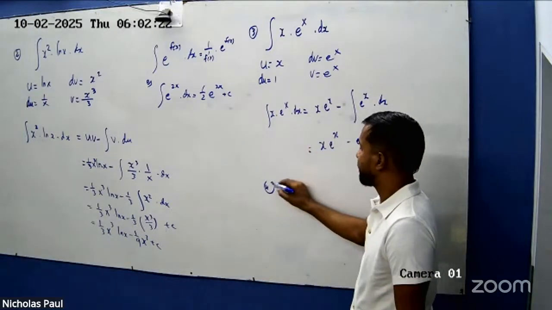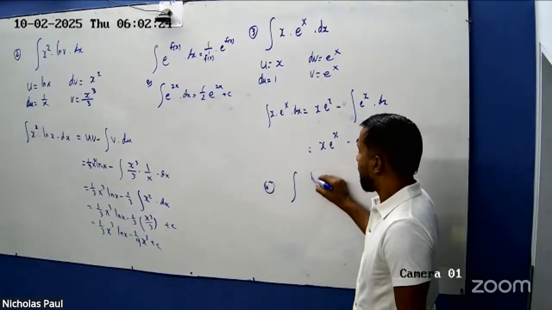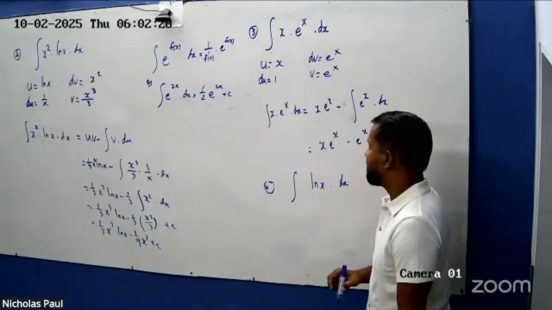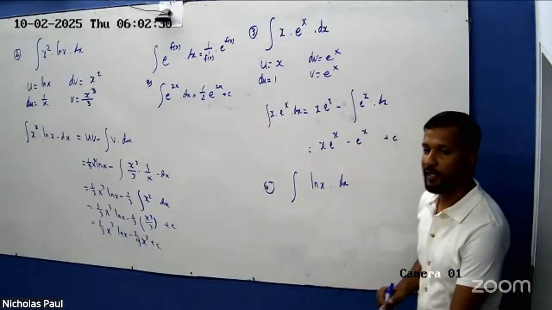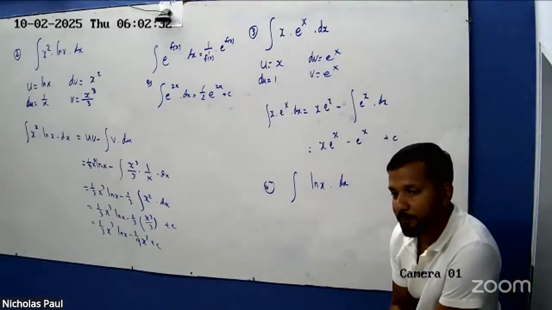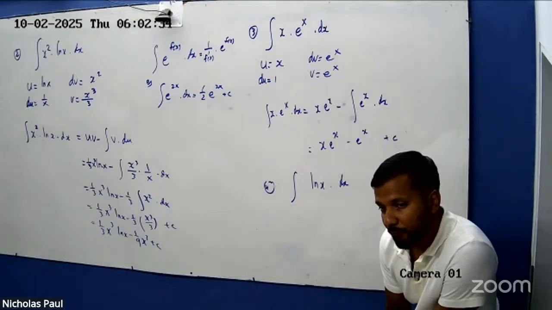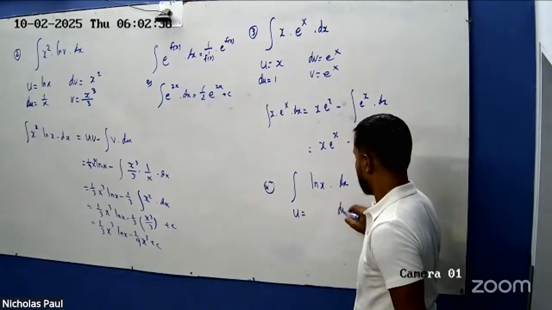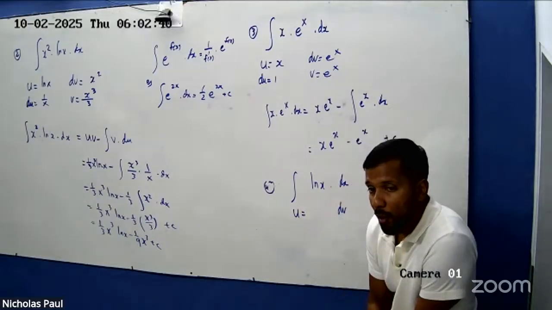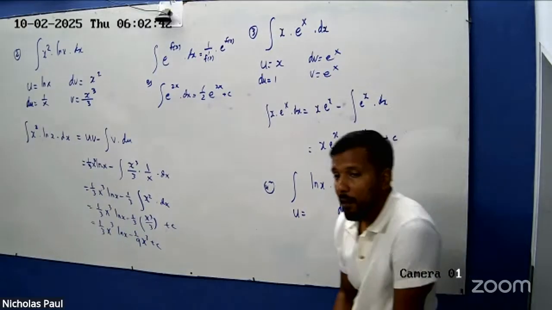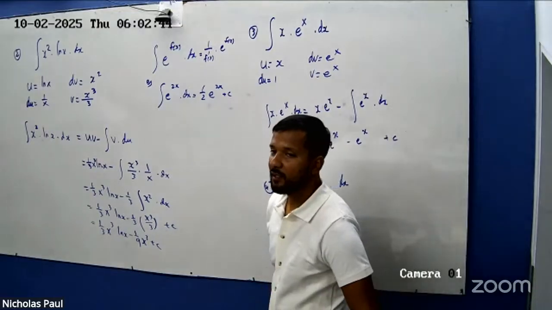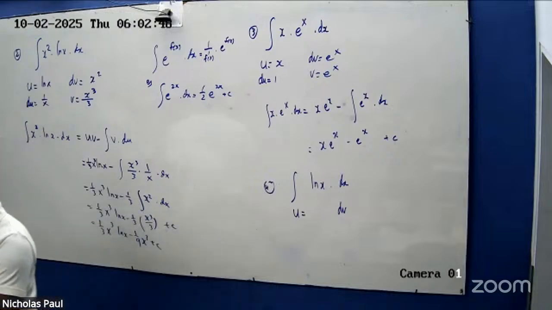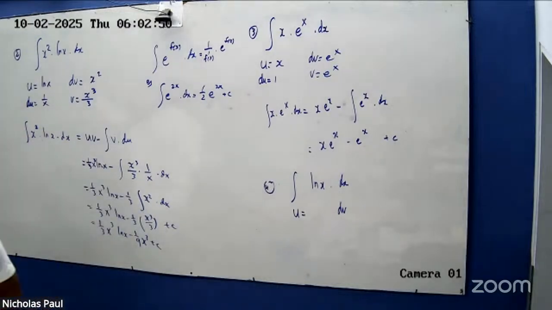Esther, since we're doing integration by parts, how do you think we could integrate ln x using integration by parts? Let's split it up. For dv, we know ln x is one thing.